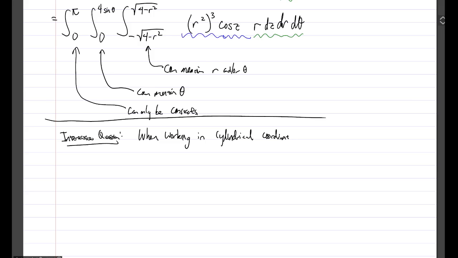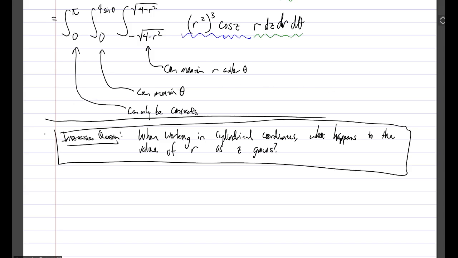In cylindrical coordinates, what happens to the value of r as z grows? So there's the question itself. I hope I'm making sense with what's being said here. So let's just put this a little bit, sorry to be a little informal, but a little bit in the language of the previous chapter. So tell me about the partial derivative of r with respect to z. What's going on there?